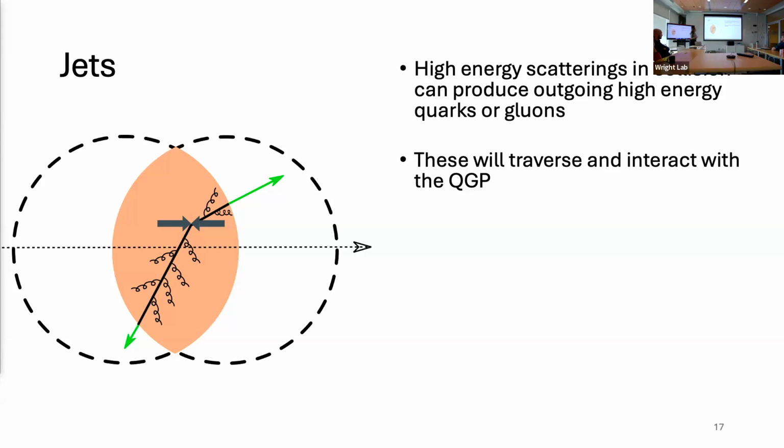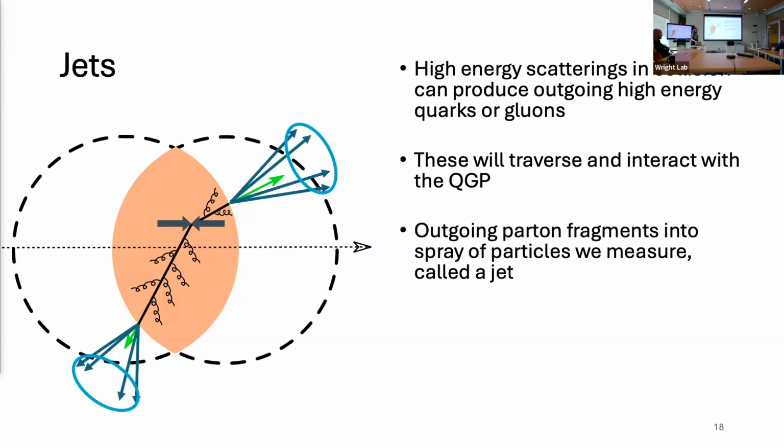And they can lose energy as they interact with the QGP. And so you're actually probing what the QGP is doing. And then these outgoing quarks and gluons, as I said at the beginning, you can't see in nature by themselves. They're going to fragment and turn into a spray of particles, which we can cluster together. And that's what we call a jet, and that's what we measure in the detector.